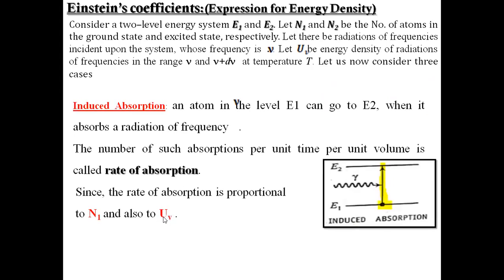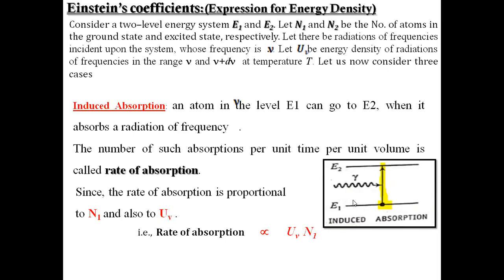U mu represents the energy density of incident photons of frequency mu. Here you can see there is a photon and the energy per unit area falling on the material is known as U mu. And I have also said the rate of absorption is directly proportional to the energy density of the incident photon as well as the number of atoms in the ground state.